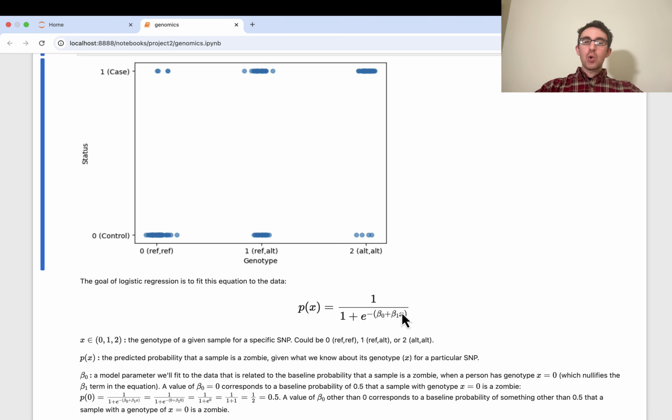These are the two parameters that we're going to be using in this logistic regression equation. After we fit these to the data, we'll have everything we need for this equation to be able to plug in a genotype X, do this calculation with our fit parameter values, and get out a predicted probability.